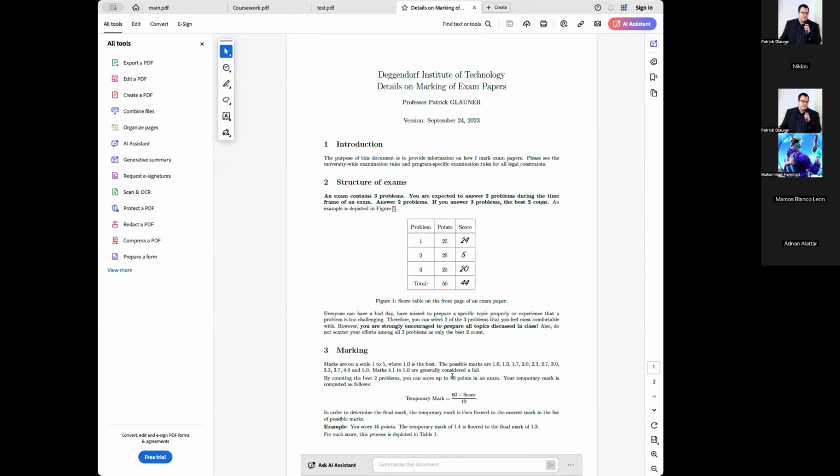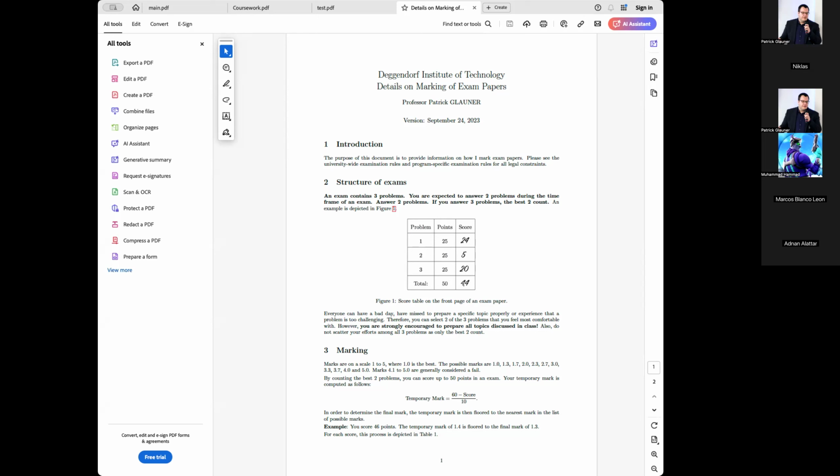If you look in my Nextcloud, there is a file called Details on Marking of Exam Papers, where I again describe that you pick 2 out of 3, the best 2 count, and then you can score up to 50 points. Say this student scored 24, 5, and 20, so the best 2 would count, it's 44 points. But you still get a bonus of 5 points on top in case you have done the exam bonus. You would have 49 points.